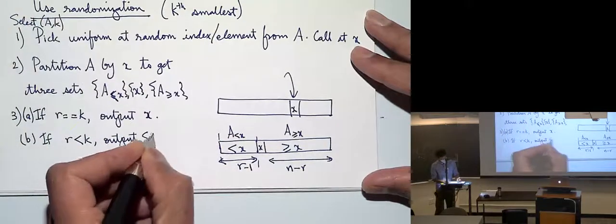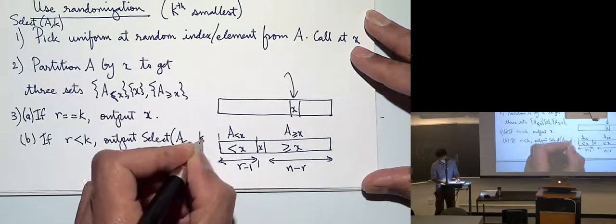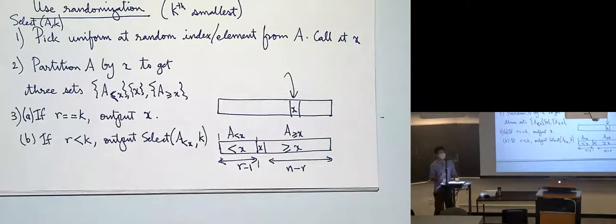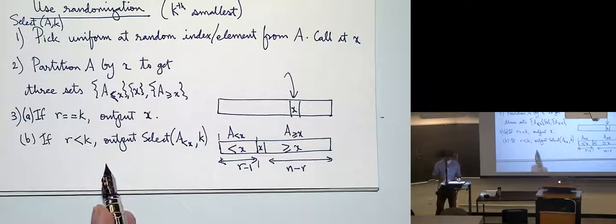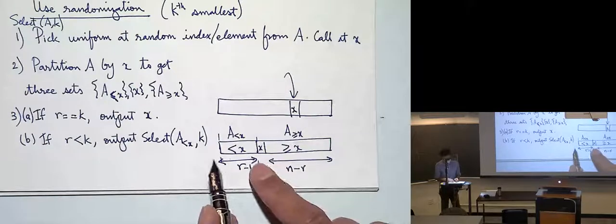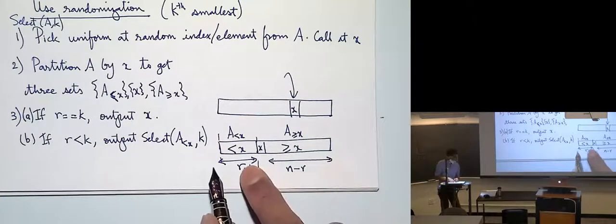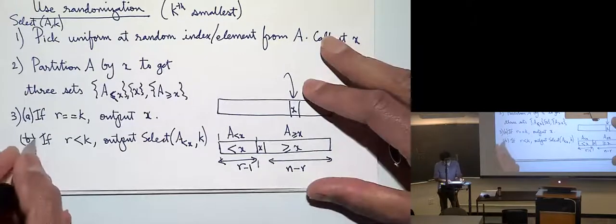So you output the select algorithm with A less than X with K again. Wait a second. I'm mixing everything up here. Sorry, I'm making mistakes in my index. So if R is less than K, then actually the Kth smallest is going to be here, not there. Okay, so sorry.